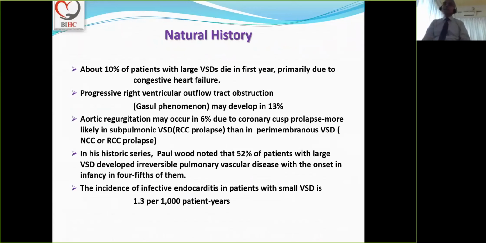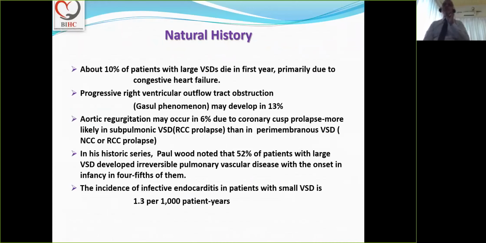But what happens to the babies with the real large VSDs? About 10% of them die in the first year, primarily because of congestive heart failure, quite often with a superadded pneumonia. A small percentage, not very small, up to 13%, may develop infundibular stenosis.